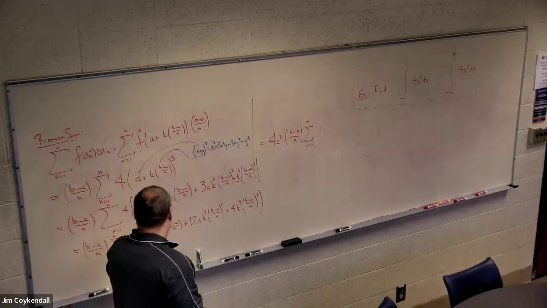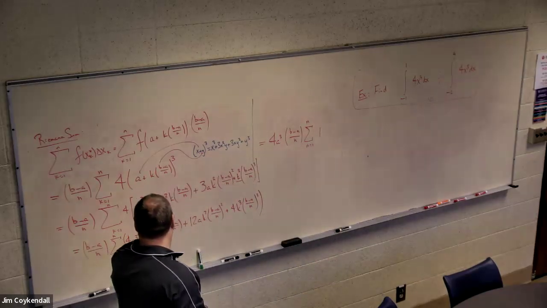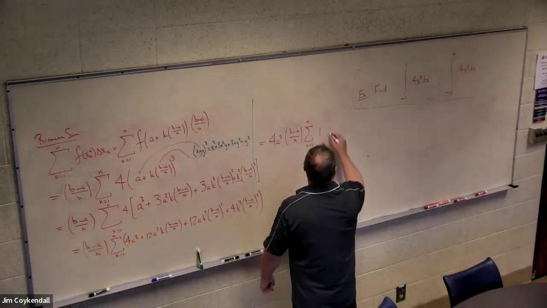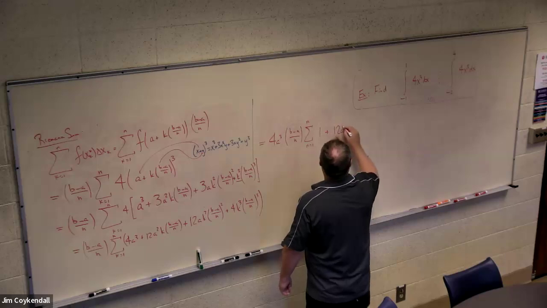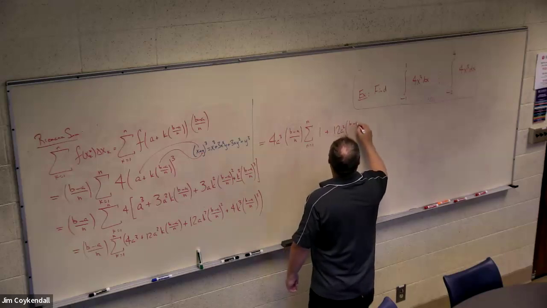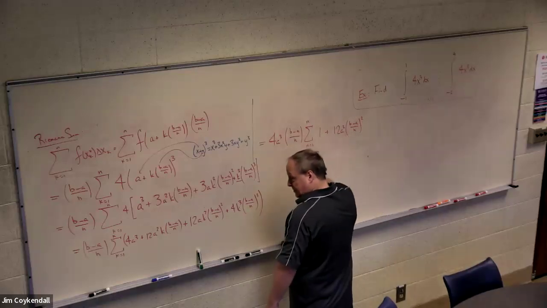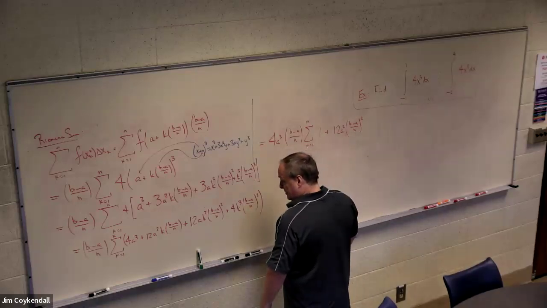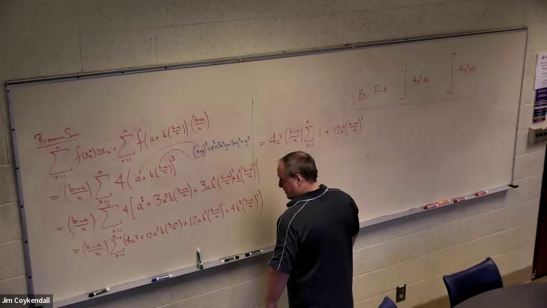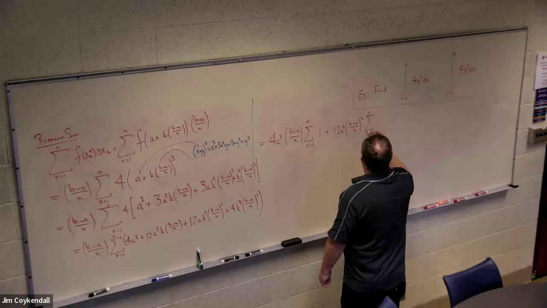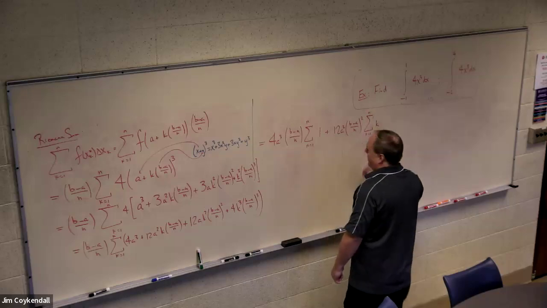Sum of this. Now let's see, for this one, I'm gonna pull out 12a squared (b minus a over n), this plus 12a squared (b minus a over n) squared, sum a1 k.